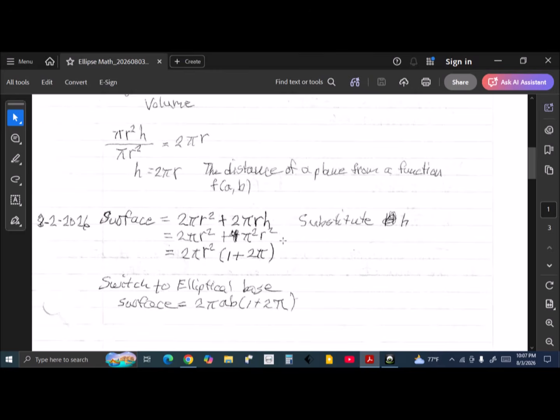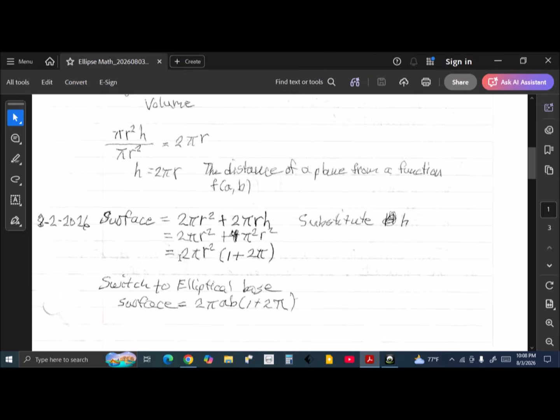And then I noticed that at this point I had the area of the base occurring in both terms. In fact, it's twice the area of the base. The top and the bottom occurred in both terms.